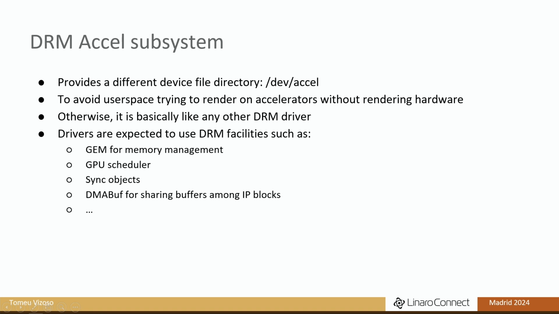Unfortunately, there isn't a good way of probing beforehand if that render node is actually rendering anything, or if it's for a compute only IP. But otherwise it's like a DRM driver, and drivers are expected to use everything that the GPU drivers use there. And really, from the kernel point of view, a GPU and an NPU is not that different.